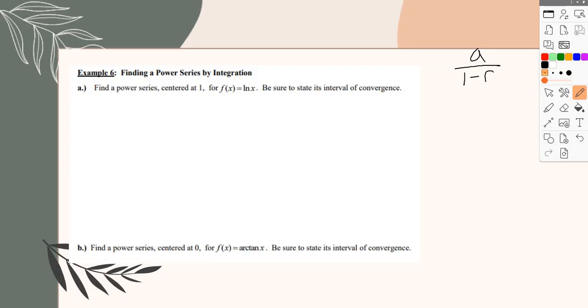But looking at that fraction, what about a natural log of x is going to give me some sort of fraction? The derivative, right? So f prime of x is 1 over x. Are we all okay with that?